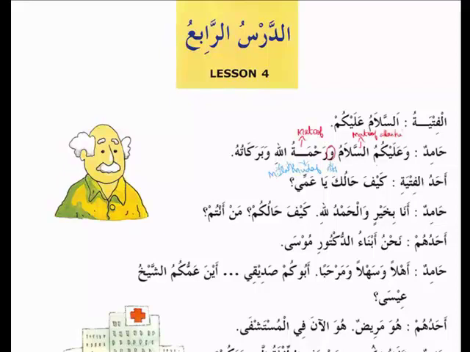Let's check what are the rules of matuf and matuf alayhi. That matuf follows the matuf alayhi in i'rab and hukum. Hukum means the ruling. Okay, what is the i'rab? First of all, the matuf alayhi is in rafa state, so is the matuf also. Now what is the ruling of matuf alayhi? That this is the subject of the sentence, isn't it? The ruling of this word is that this is the subject of the sentence.